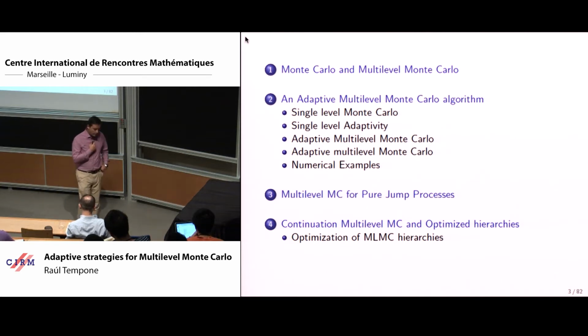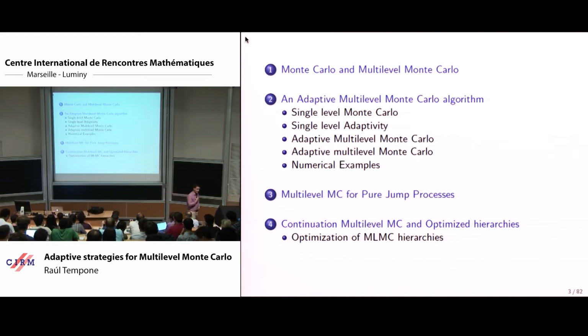One of them will be computations with random PDEs, that is PDEs that have random coefficients. The second one will be diffusions. These are Stochastic Differential Equations. And the third one will be pure jump processes, say, Stochastic Reaction Networks, whose trajectories are piecewise constant.